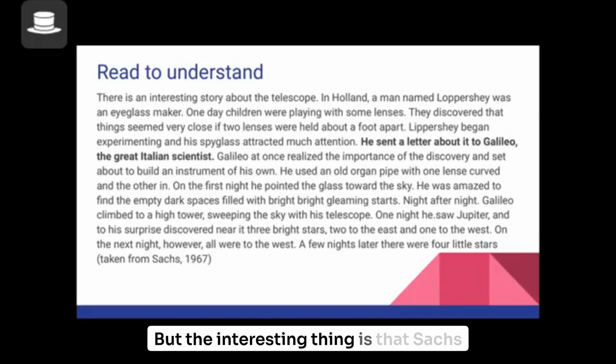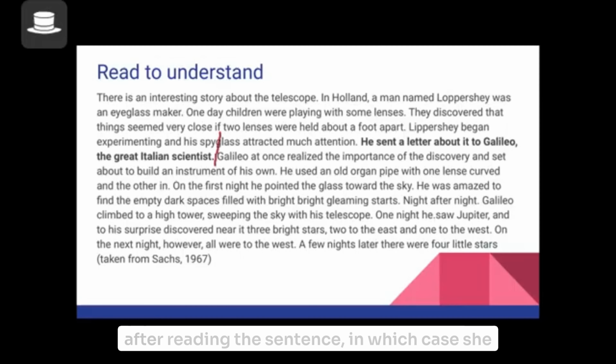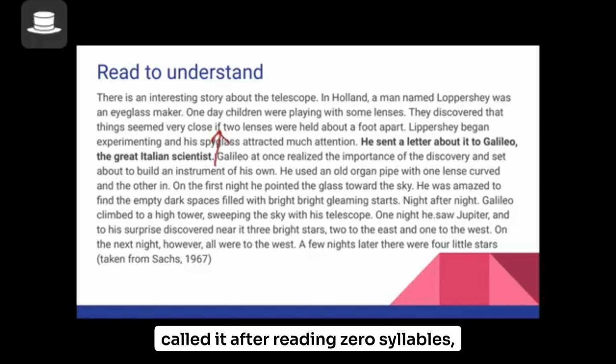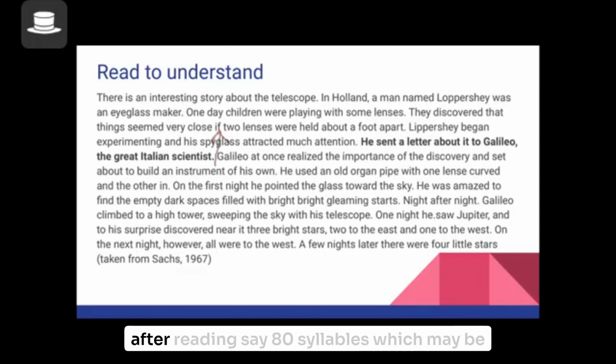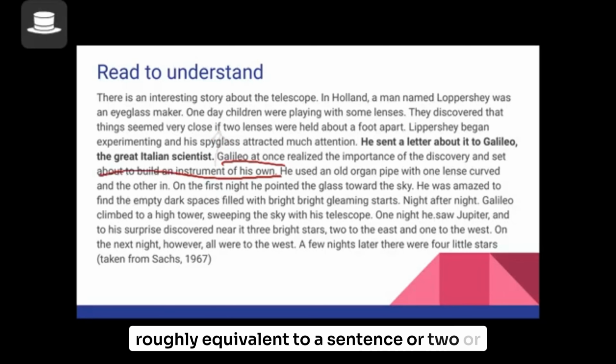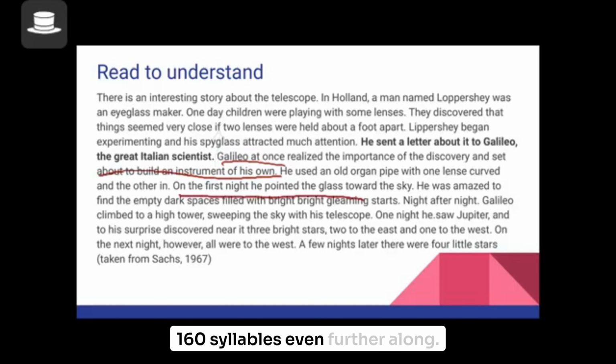But the interesting thing is that Sachs presented this to participants either immediately after reading the sentence, in which case she called it after reading 0 syllables, syllables referring to the number of syllables after reading a target sentence, or after reading, say, 80 syllables, which may be roughly equivalent to a sentence or two, or 160 syllables, even further along.